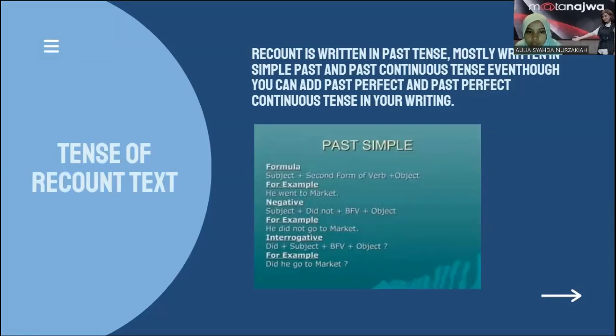For example, he went to the market, or I went to the zoo with my family. The negative is subject, didn't, and verb and object. For example, he didn't go to the market. And for the interrogative, it's did, the subject, plus verb and object. For example, did he go to the market? Next.